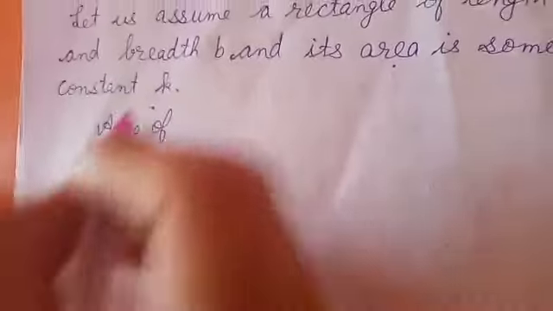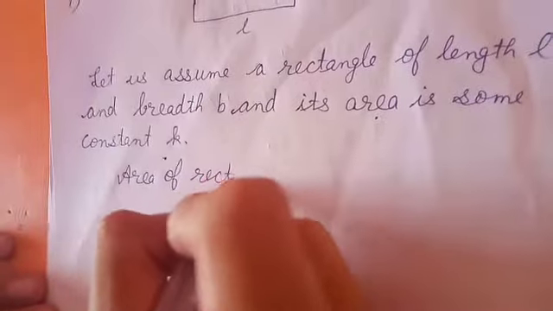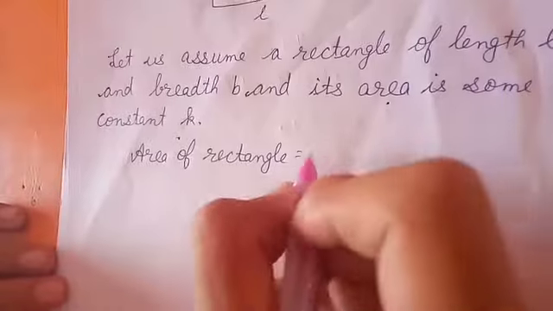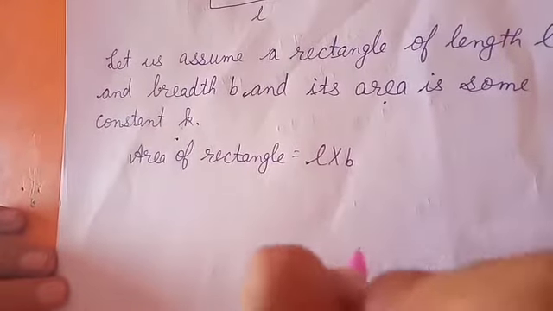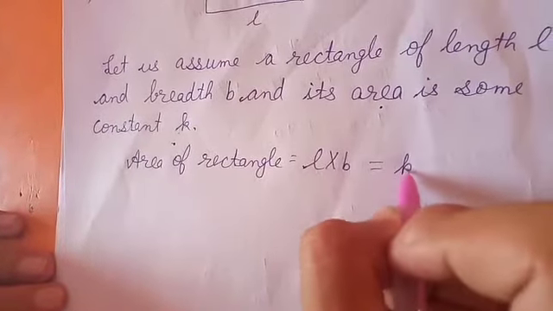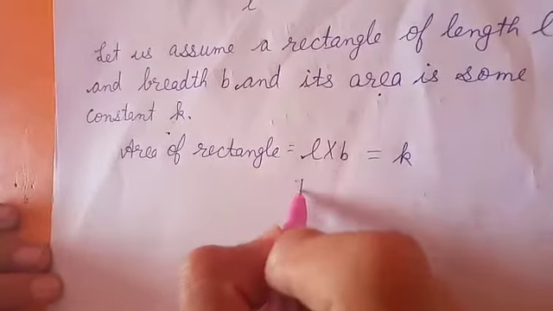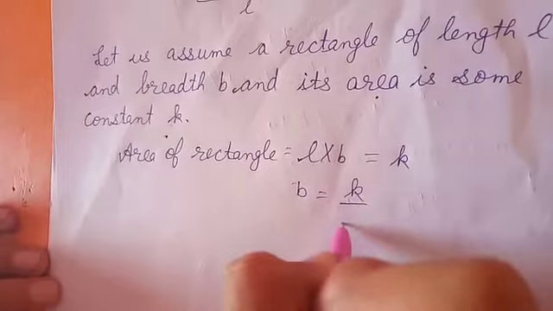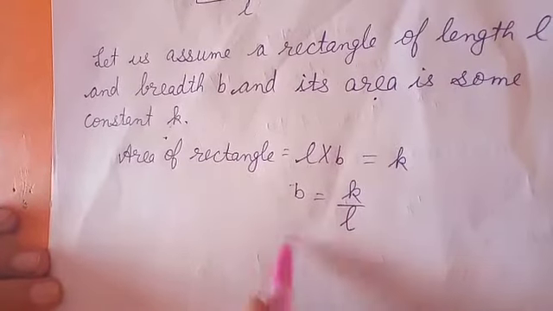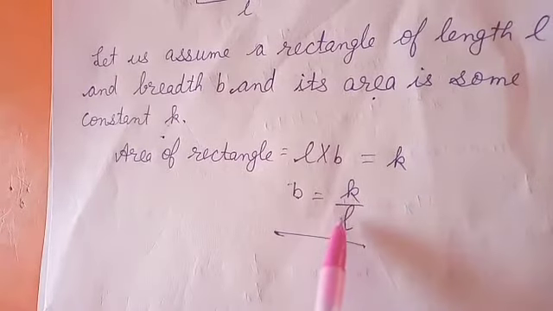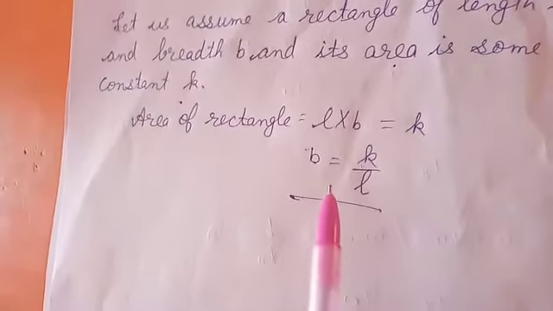Area of rectangle is equal to, what is the area of rectangle? Length into breadth. That is given to us equal to some constant K. So from here I can write B equal to K by L. Okay, means we have found some relation between our breadth B and our length L.